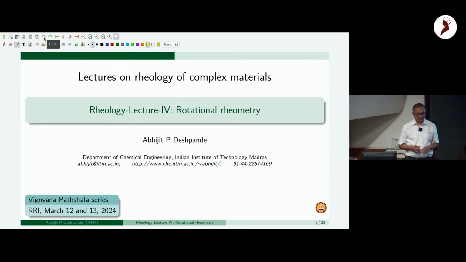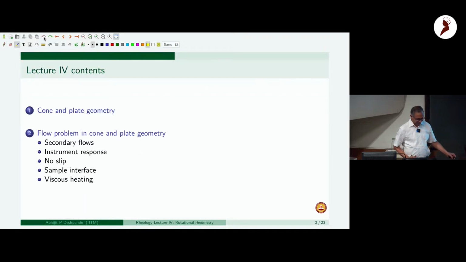And so one more short lecture on some aspects of what one should look for while doing these measurements before we start looking at all the measurements and different classes of behavior. So in this particular section, we look at some aspects of the assumptions that go into making cone and plate geometry measurement possible.